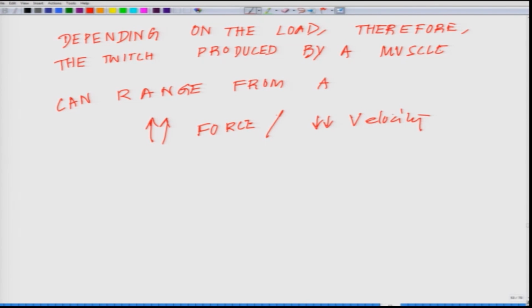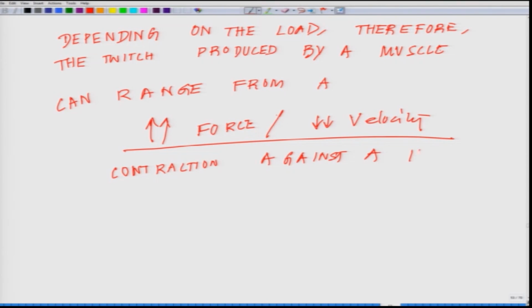As you could see, high force and a low velocity, contraction against a heavy weight.